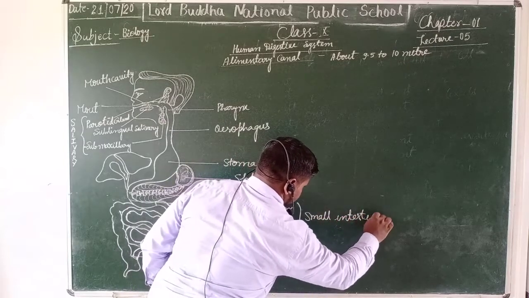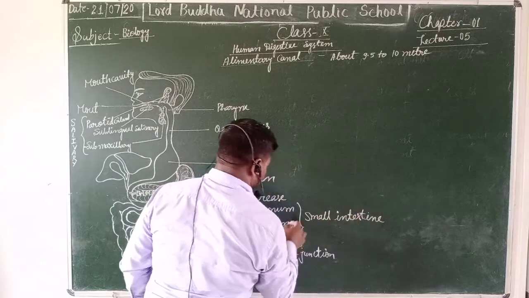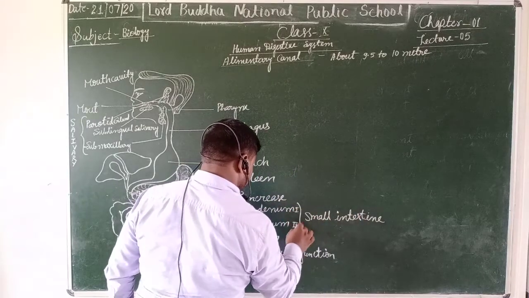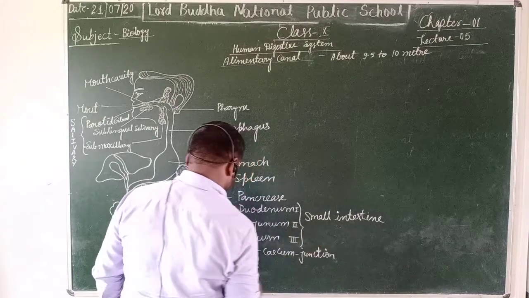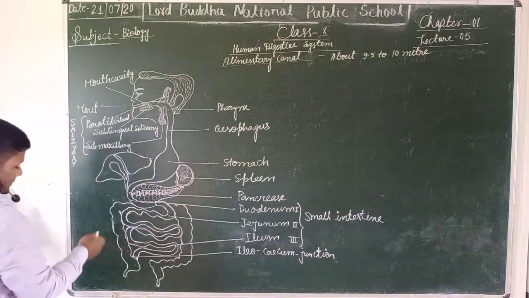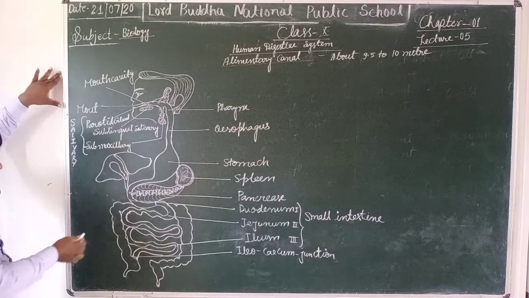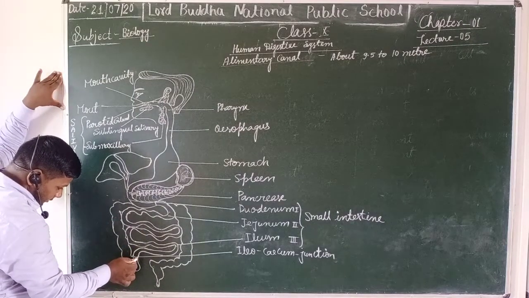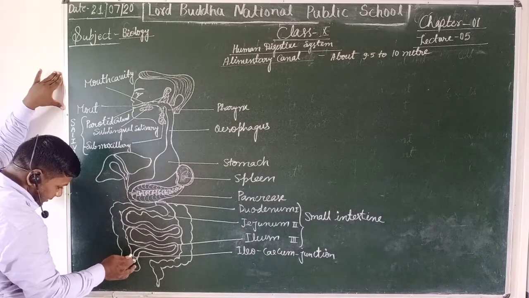These are the parts of the small intestine: first, second, and third. Now we are discussing the parts of the large intestine.